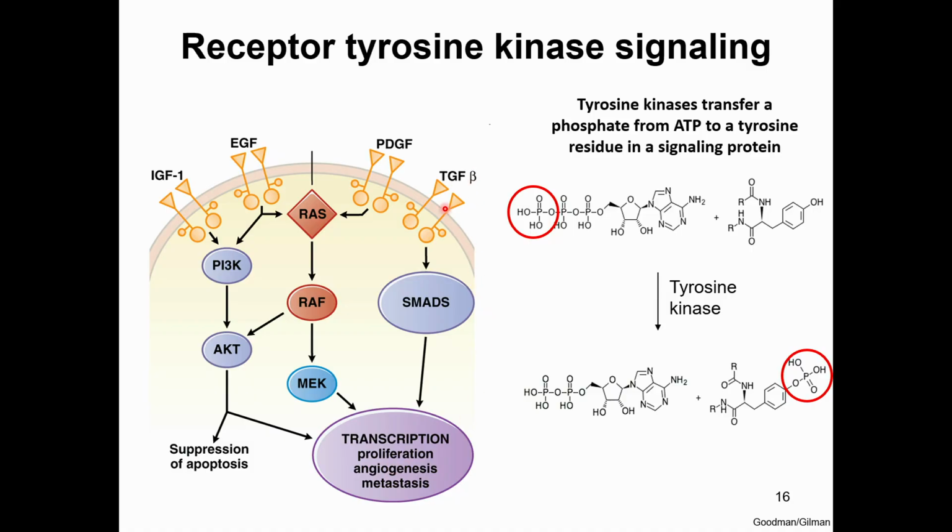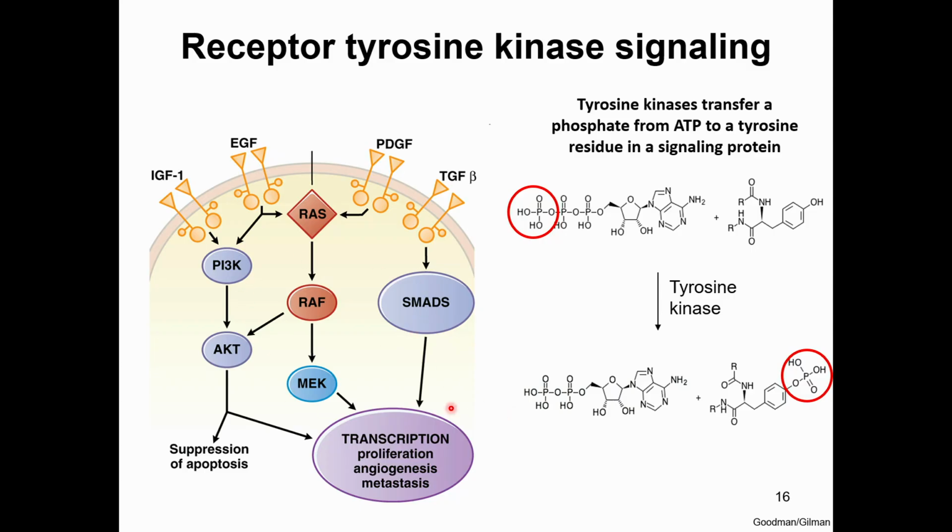Whereas TGF-beta activates another signaling pathway involving proteins called SMADs, which are exclusively involved in transcription of proliferation genes. And some of these responses are also angiogenesis, the formation of blood vessels, and even metastasis, which is important in cancer.